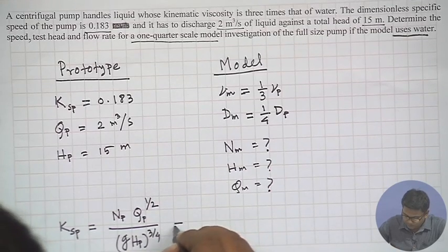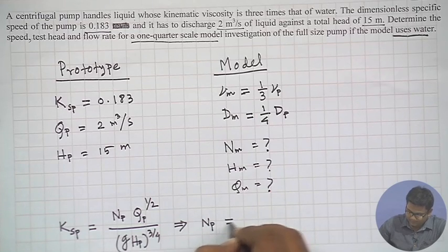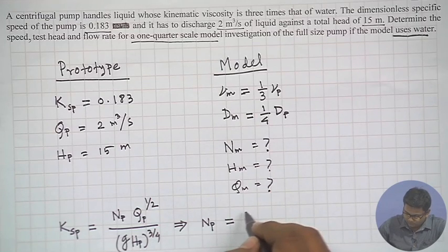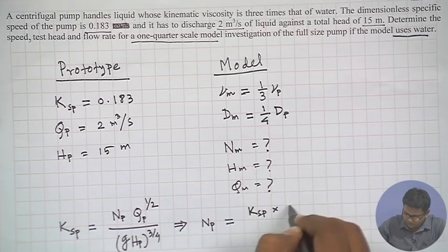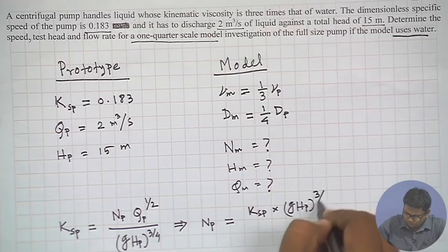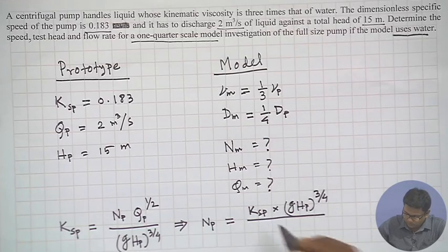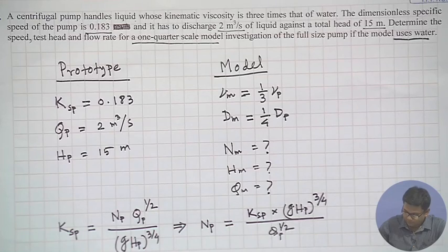So using this relation we can obtain the speed of the prototype pump as specific speed times gHP to the power 3/4 divided by QP to the power half.